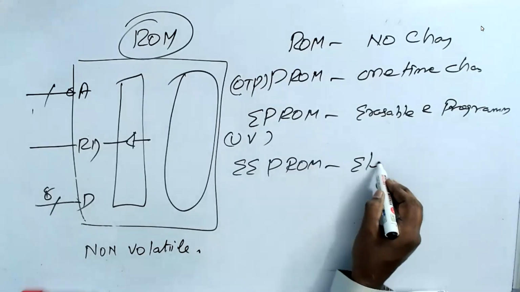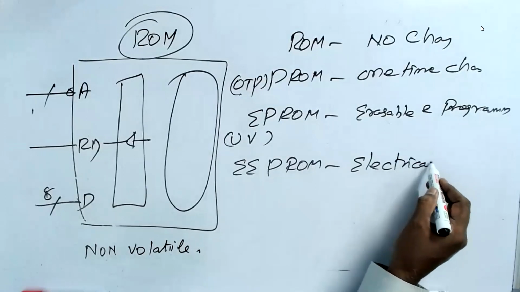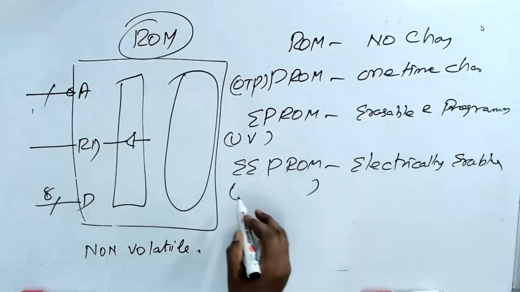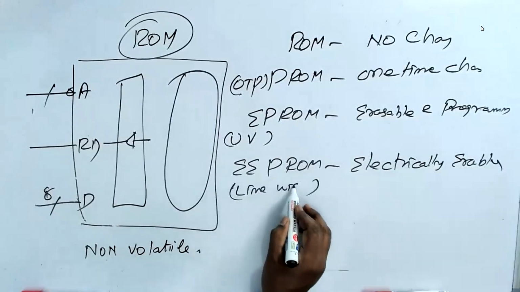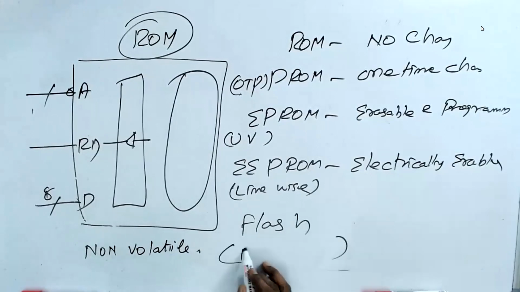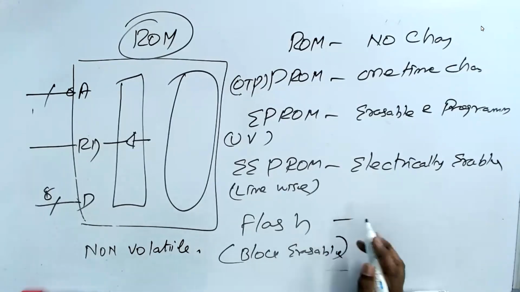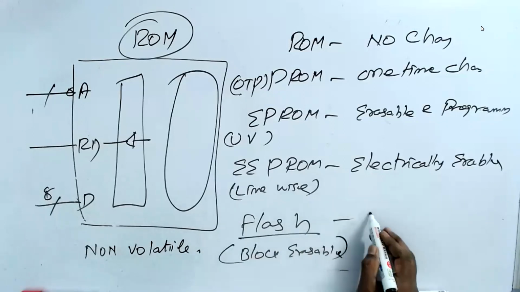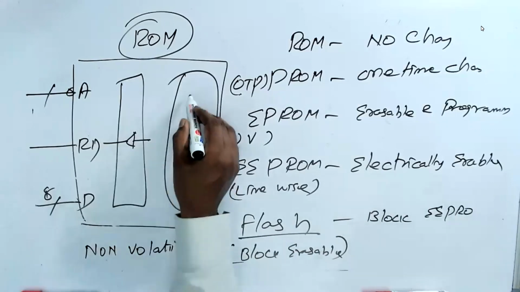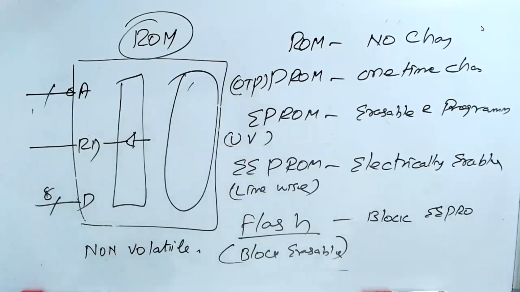This is electrically erasable, but line by line. Then they came out with what is called flash. That is block erasable, also called block EEPROM. That means I erase block by block, so erase becomes faster.